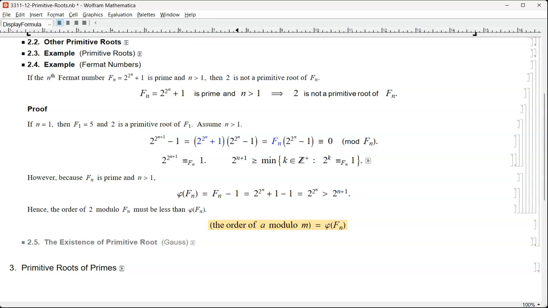If 2 is a primitive root of Fn, then the order of a modulo m must be phi of Fn. Yeah, that's the definition of primitiveness. And then that's 2 to the 2 to the nth power, and that's strictly greater than 2 to the n plus first power. Oh, sorry about that.